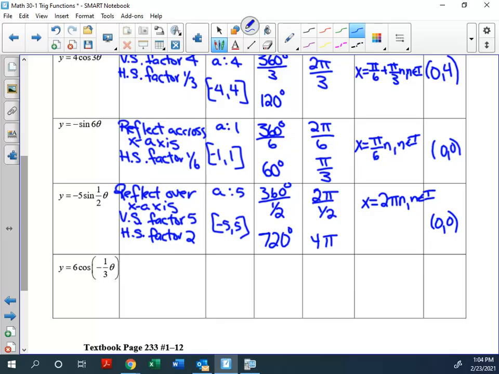Last one. Cosine always requires a little bit of extra thought. Sine is nice. It just flows.